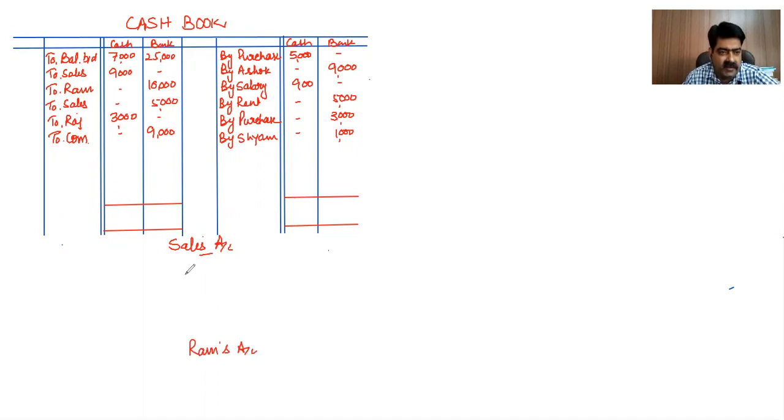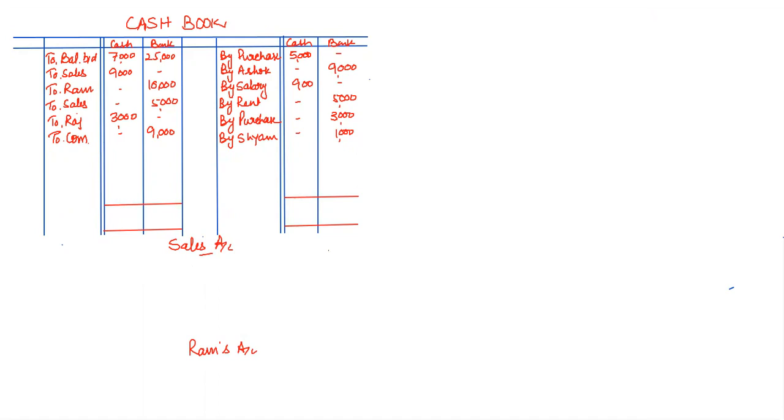Sales account is already created by us. And after that, Raj. So Raj's account will be our next ledger and then commission account. So from the debit side, we will create 4 ledgers.